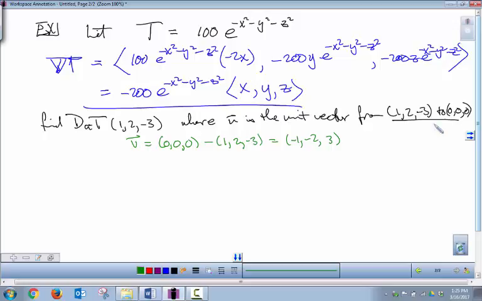But then you want to make this into a unit vector, so we need the magnitude. Square root of 14. So 1 squared, 2 squared, 3 squared. So 1, 4, and 9. That's 14. So it looks like my unit vector is going to be 1 over square root of 14 times negative 1, negative 2, positive 3.